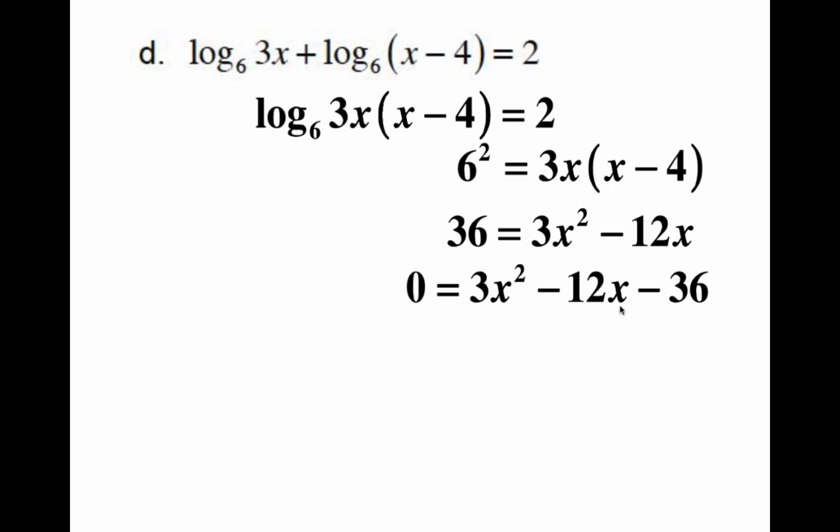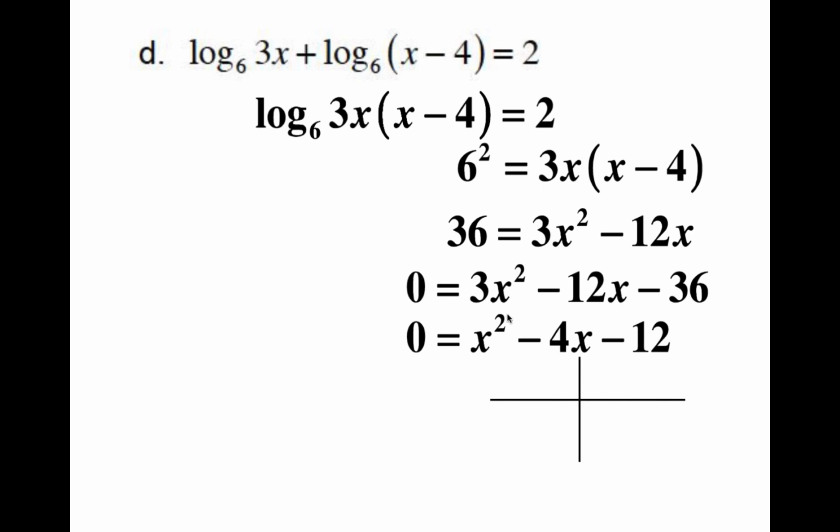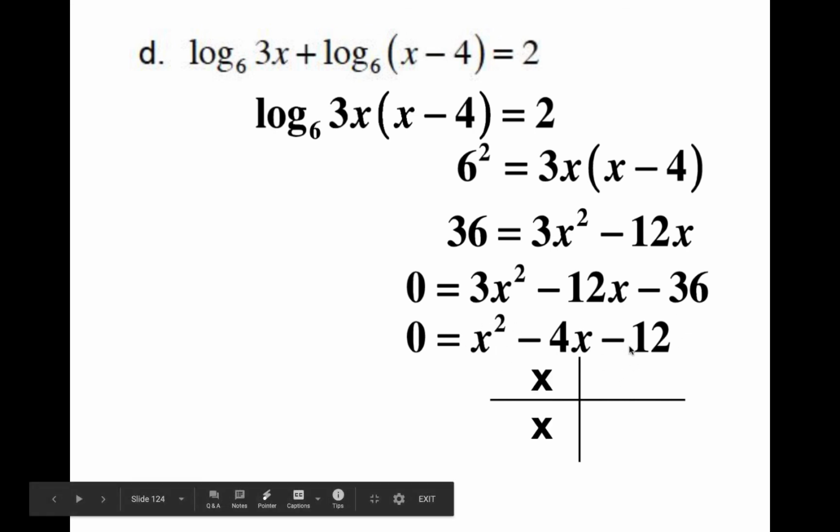Notice you can factor out a 3. We can divide everything by 3. That'll get me x squared minus 4x minus 12. Now I can t-chart. x squared would be x and x. This has to multiply to negative 12. You could try 4 and 3, but this time it has to be 6 and 2, where the 6 is negative.